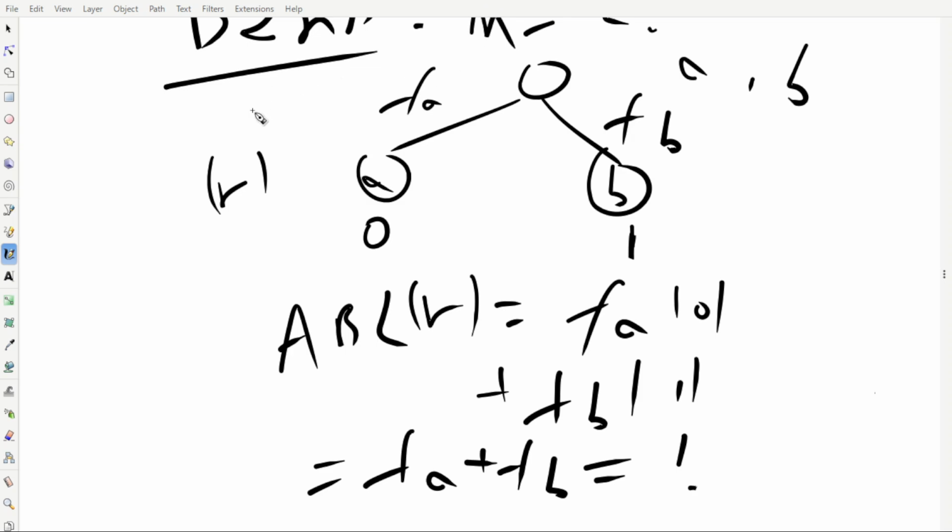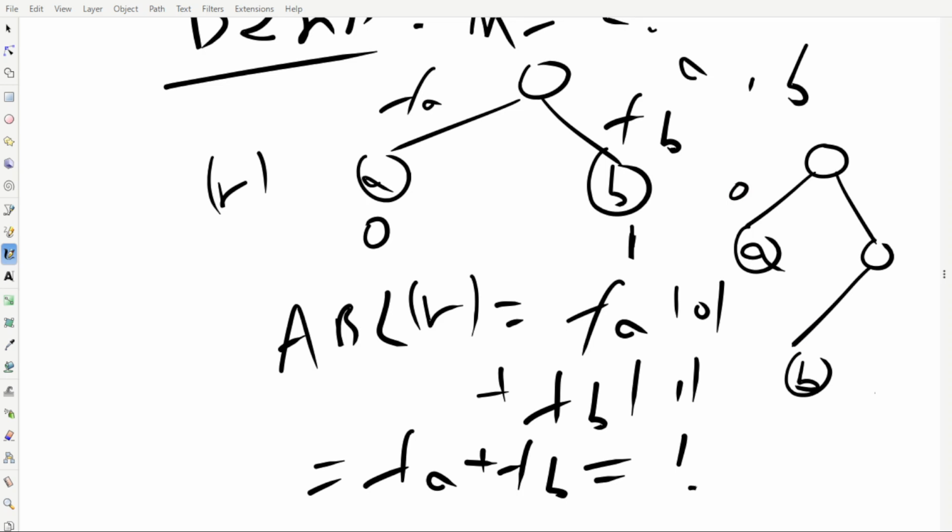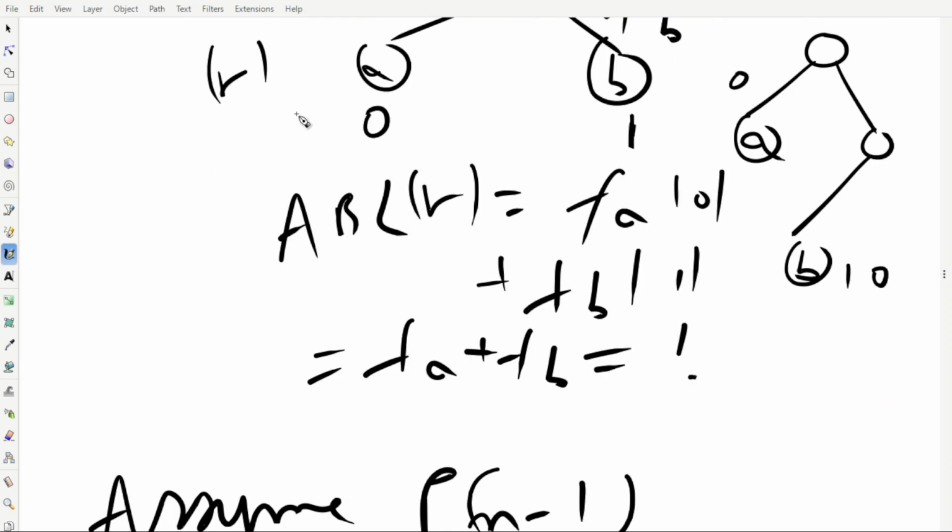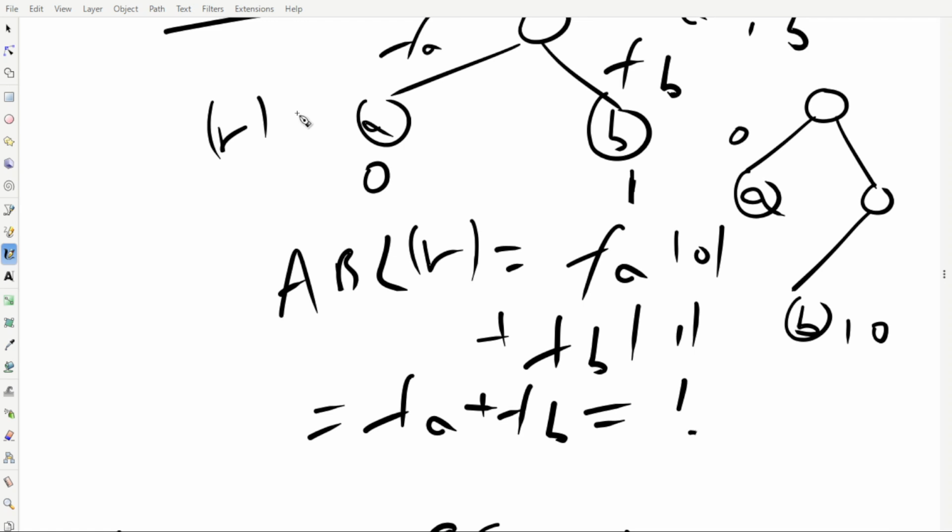For the basis case, we can have other possibilities, something like this. Either A or B will be at a larger depth. For example, A will have code 0, B will have 1 0. Now if we compare the average bit length, it will increase. Here it is FA times size of 0 plus FB times size of 1 0, so this will change to 1 0.